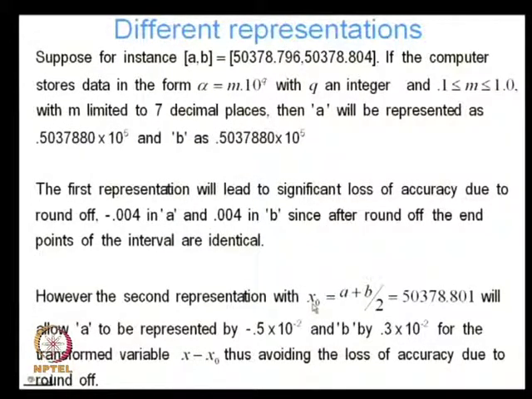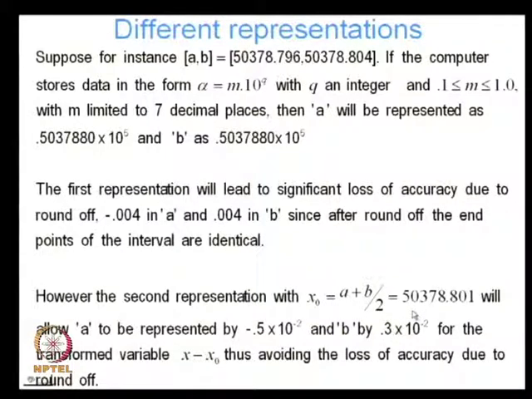However, if I use the second representation with x0 equal to (a plus b) by 2, then a is going to be this minus x0, and b is going to be that minus x0.